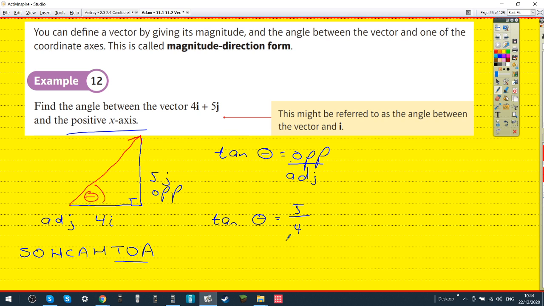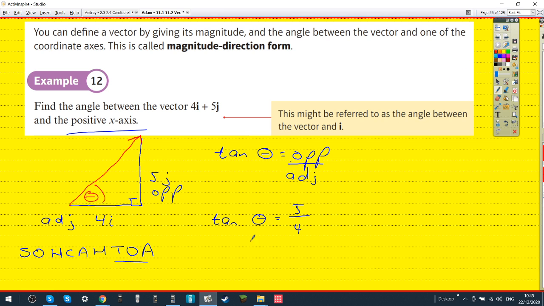I think you're in radians, are you? No, sorry. You're in something else. That's fine. So that's 1.25, is that what you said? Yeah. That's tan theta. We want theta.